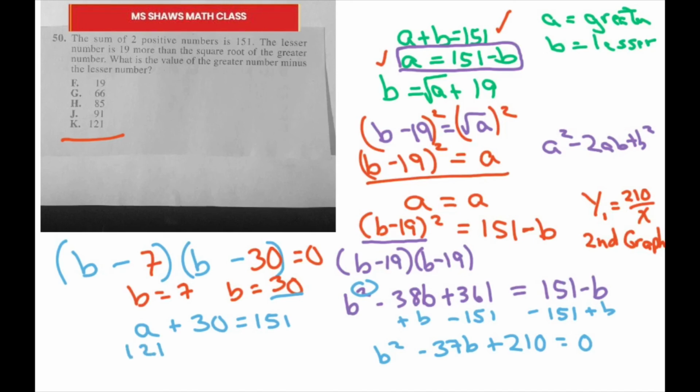So 121 plus 30 equals 151. And what they want, though, they don't want that. They want the greater number minus the lesser number. So I'll just do it on a different line. I'm going to do 121 minus 30, and that equals 91. And if the answer wasn't there, then you would have tried the 7.